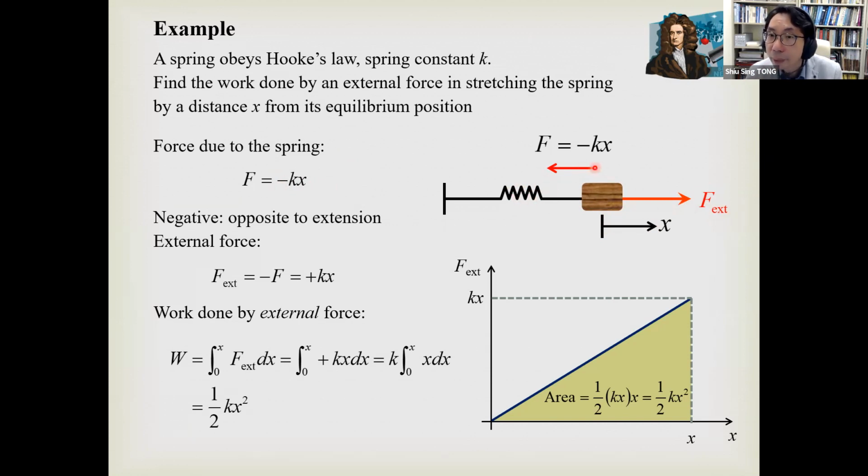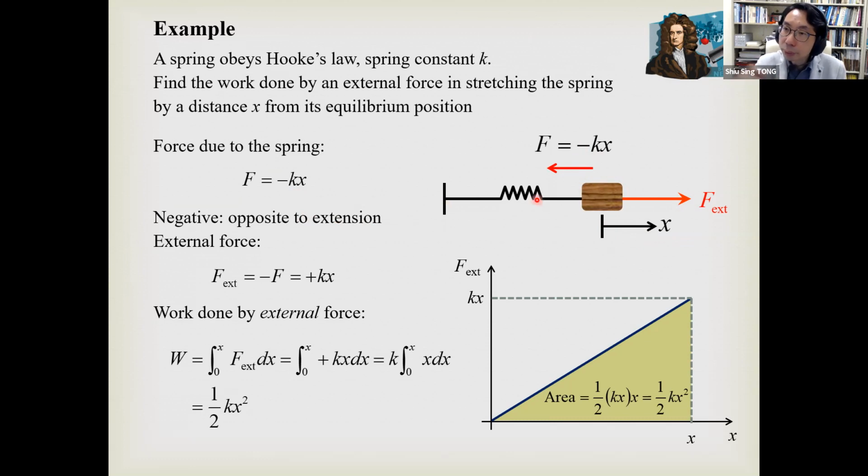The force from the spring will be tending to pull it back, so it will be in the opposite direction to the external force. So I add the minus sign. The minus sign means the force from the spring is in the opposite direction to the displacement of the block, which is the extension. So I have the equation F equals minus Kx.